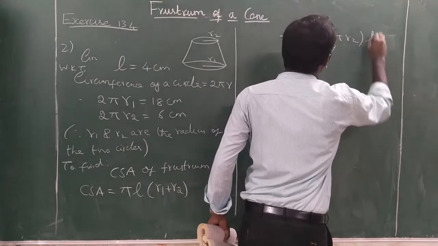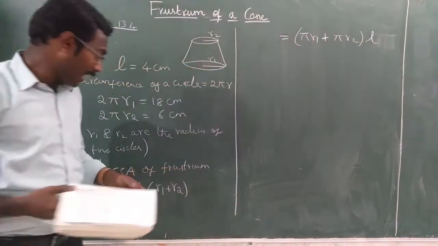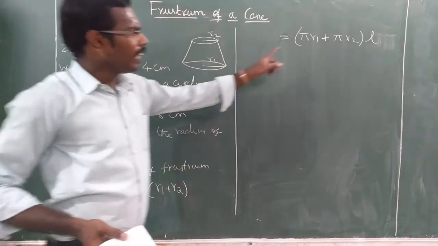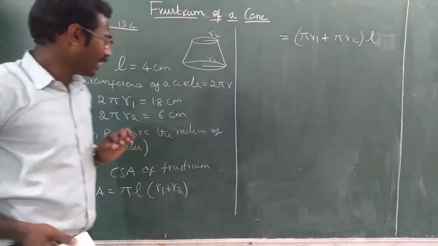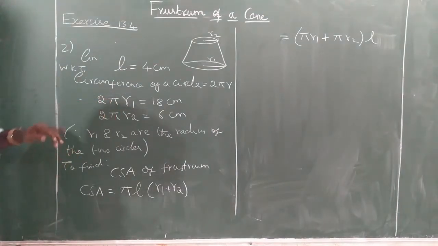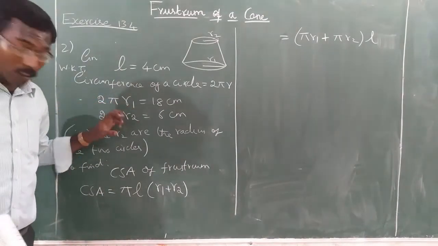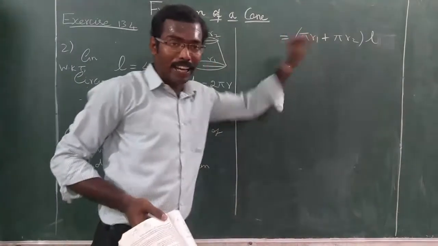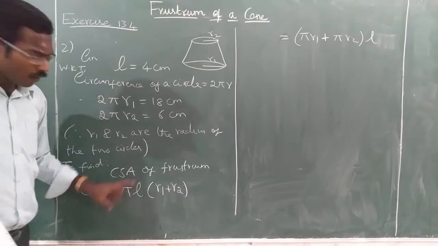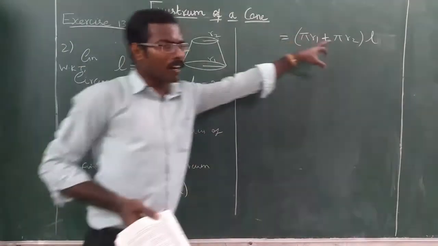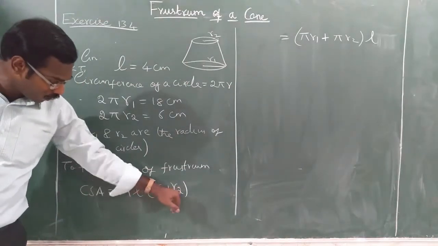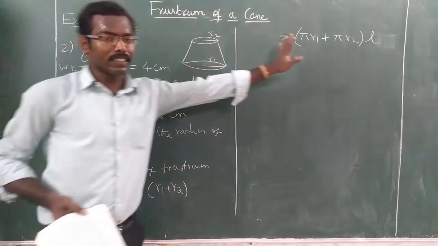Then outside there is the slant height L. You may get confused while sir is doing this. In the given data, the radius value is not directly given, but 2 pi R1 and 2 pi R2 are given. So we have to convert this into the form of pi R1 and pi R2. I just multiplied the inner values with pi. So I got this.